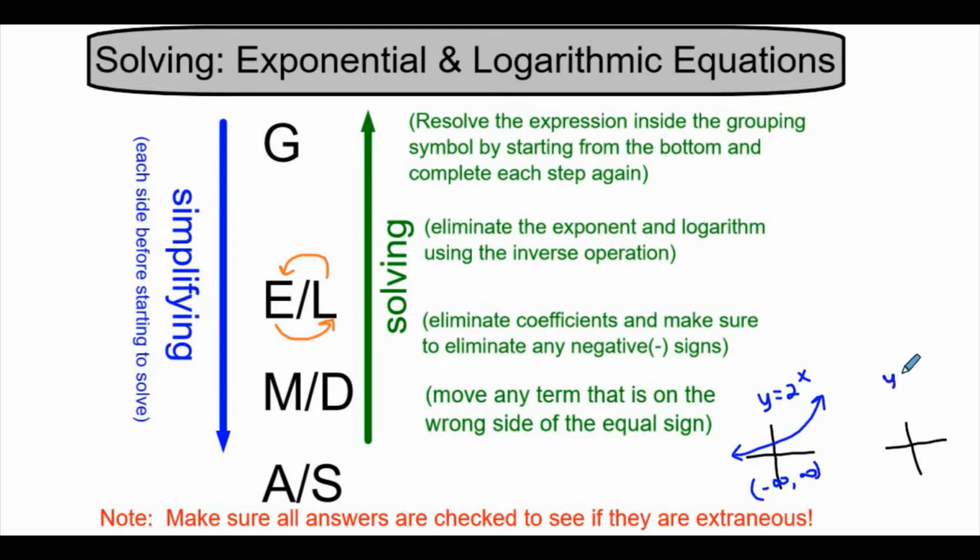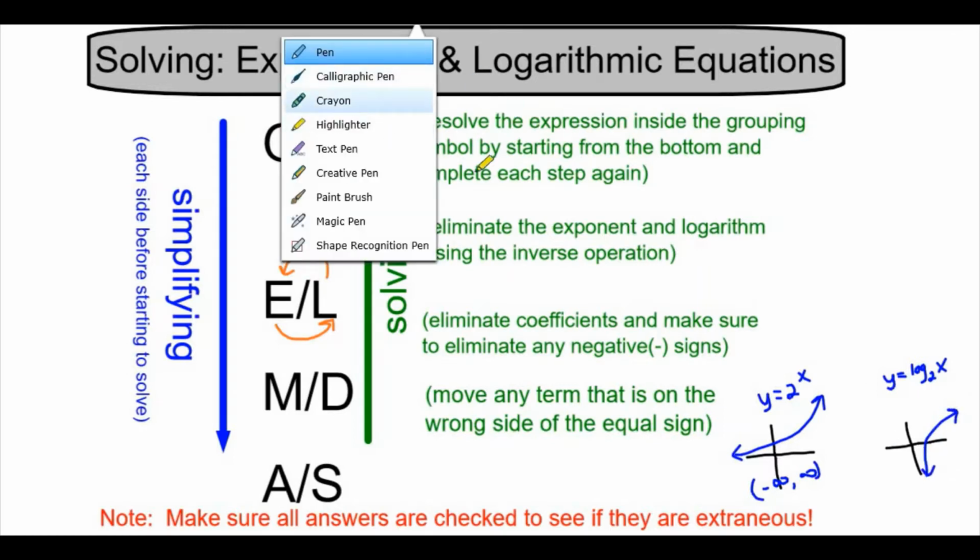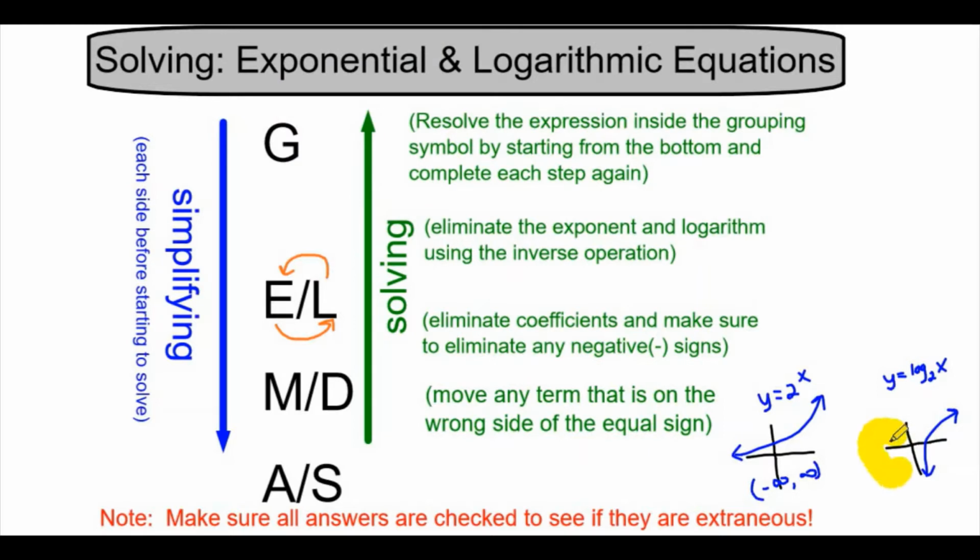But the graph of a logarithm, I'll just say log base 2 to show you what it would look like. It is the inverse, and so it would reflect over the line y equals x, and it would actually look like this. And the reason that's very important is the fact that there are no values over here in the negatives.